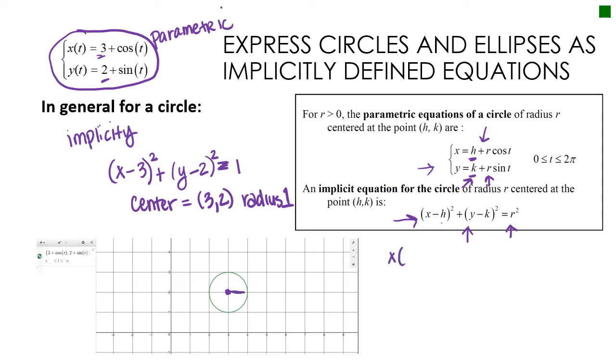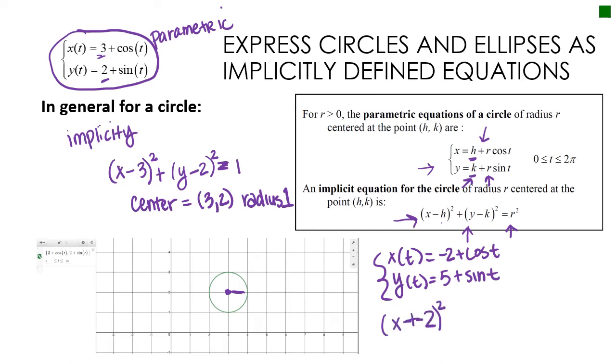So just another example, if I gave you this parametric, let's just say it's -2 plus cosine of t, and then the y, let's say is 5 plus sine of t. So if I were to write this implicitly, it's going to be x minus a -2, which becomes a positive, squared, plus y minus 5 squared equals r squared.